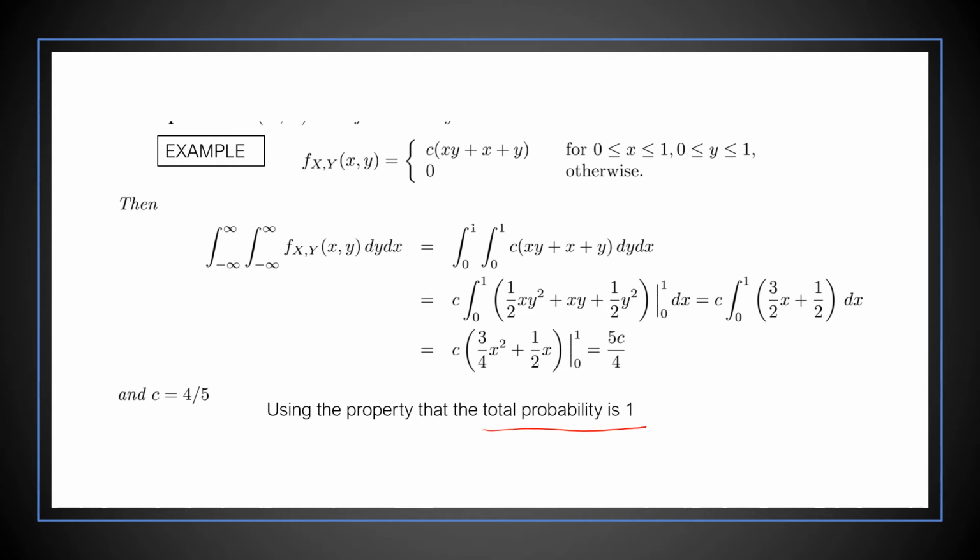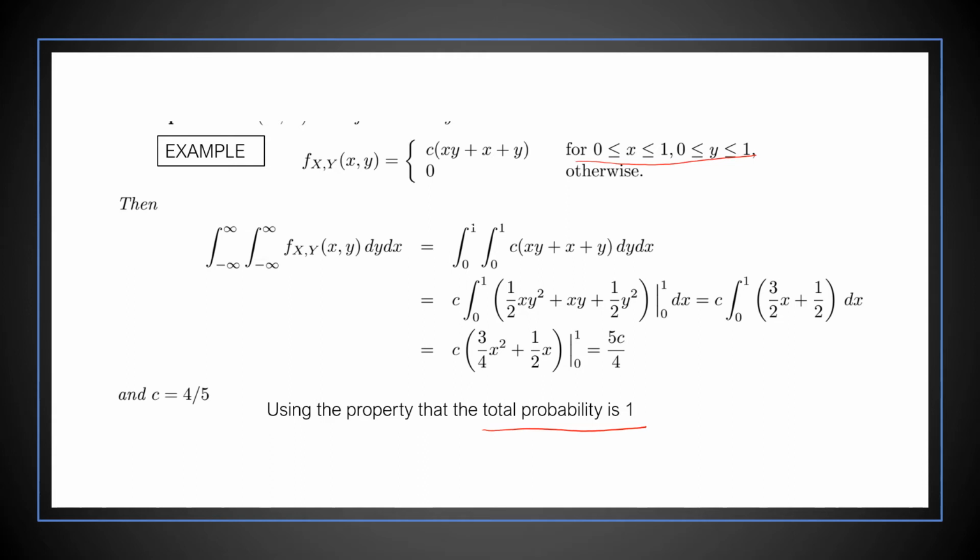In order to find the total probability, we have to find the integral between the given range, negative infinity to positive infinity, negative infinity to positive infinity of this function with respect to x and y. But here in this particular problem, x varies from 0 to 1 and y varies from 0 to 1.